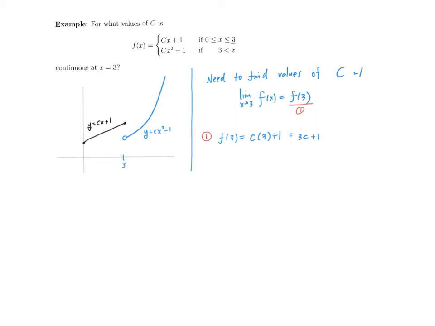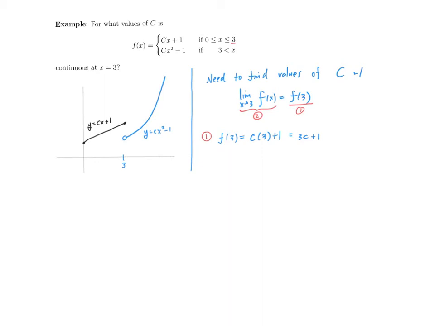But note, we also have this secondary computation we need to do. What is the value of the limit at x equals 3? Or maybe more aptly stated, what are the values of c that will make this limit exist?